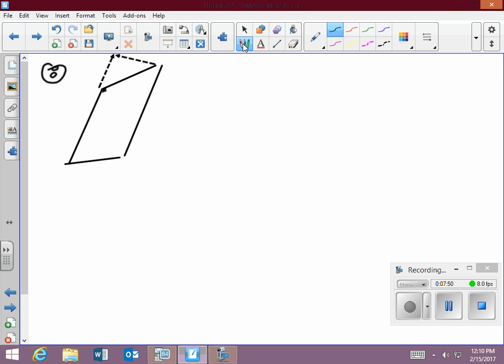Squeeze myself into the corner there. They're saying this is 90 degrees, and this is 4.5 centimeters. This is 6.4, and it's all centimeters, so 8, and then this down here is 4.8.